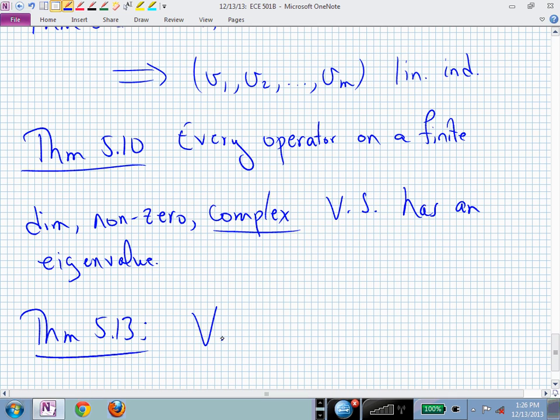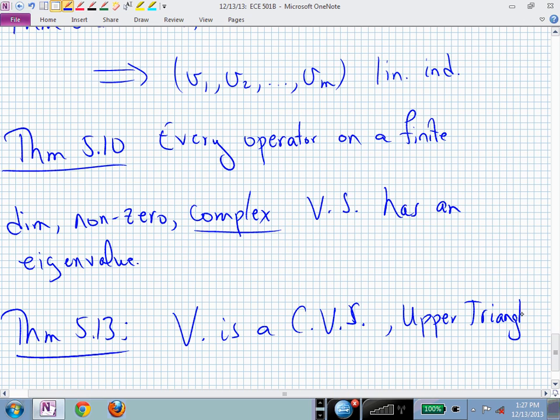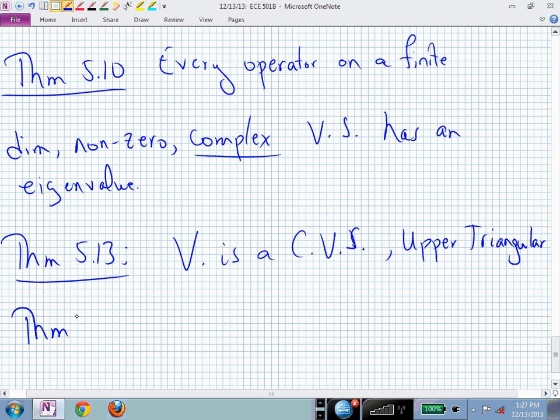5.13: If V is a complex vector space, then we can actually form or produce an upper triangular matrix representation of a linear map. The real version of that is not quite as clean.